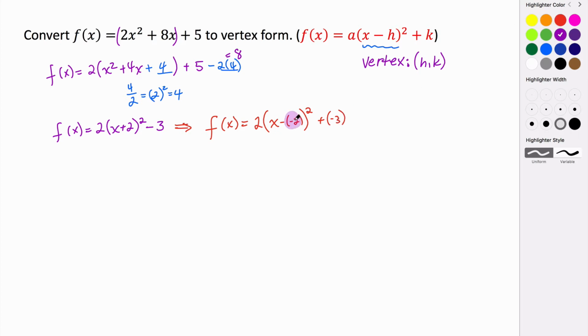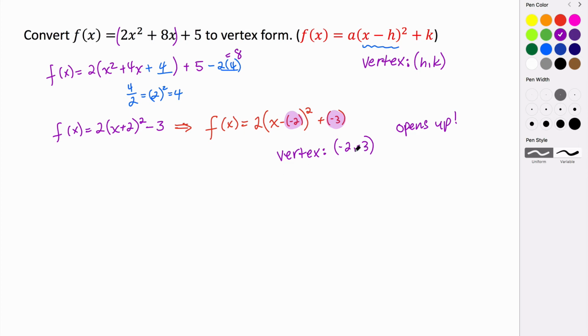So the vertex for this function is going to be negative 2, negative 3. And then we know that our graph is going to open up because the value 2 here is positive. So this opens up.